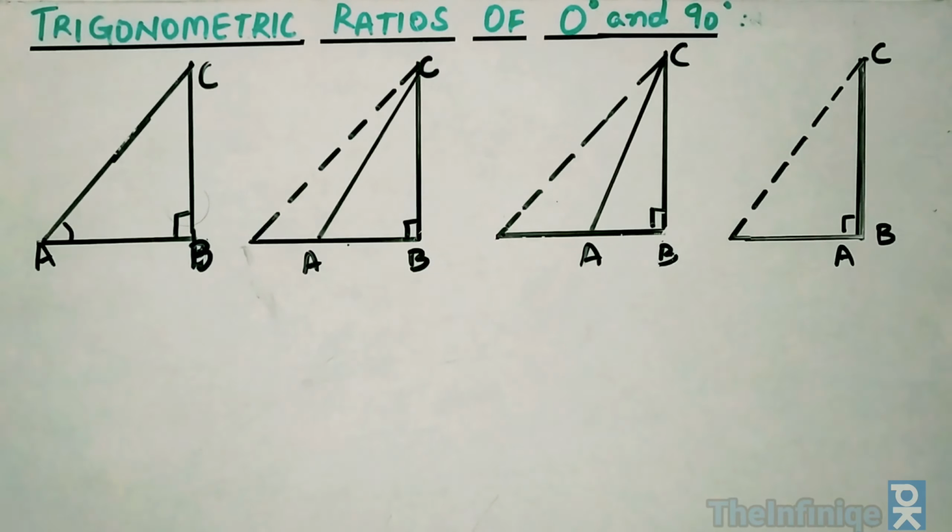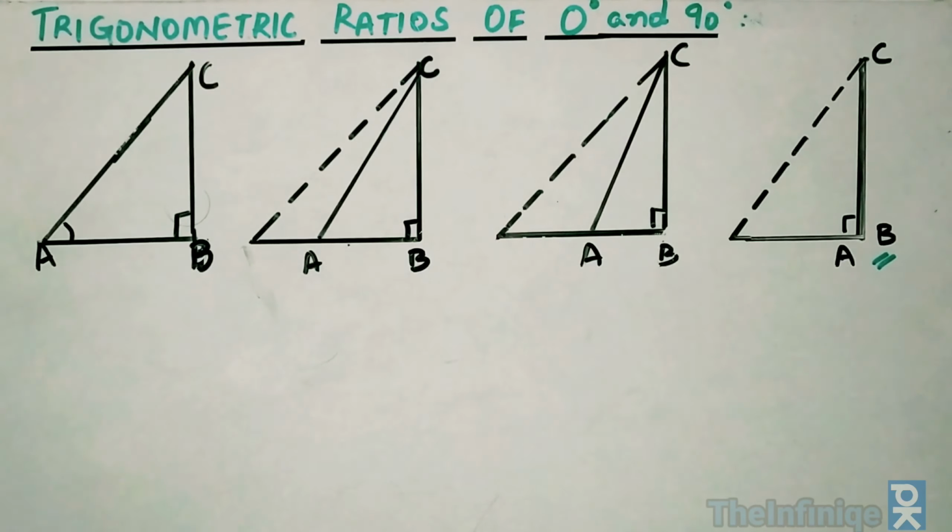Therefore, as in the case above, the length of the side AB goes on decreasing and the point A gets closer to point B. Finally, when angle A is very close to 90 degree, angle C becomes very close to 0 degree and the side AC almost coincides with the side BC.